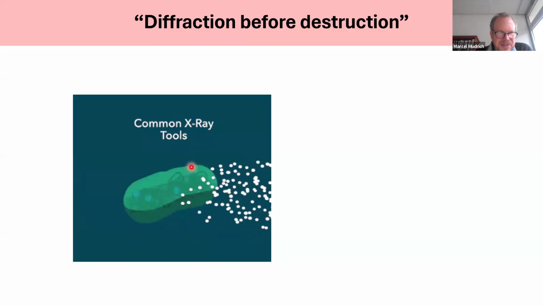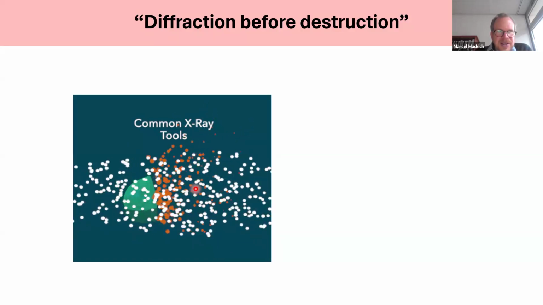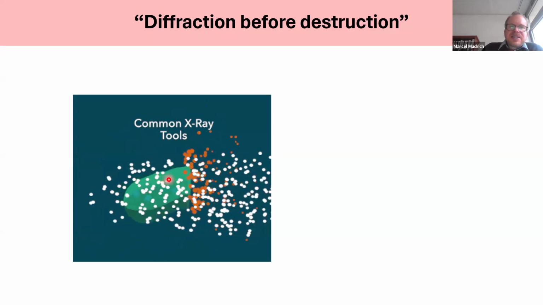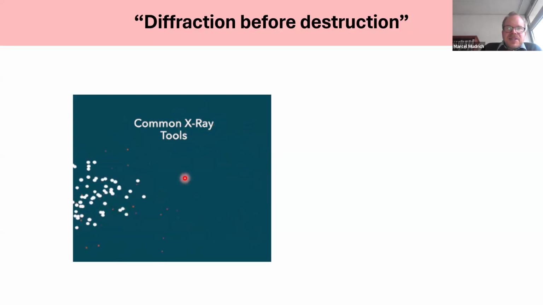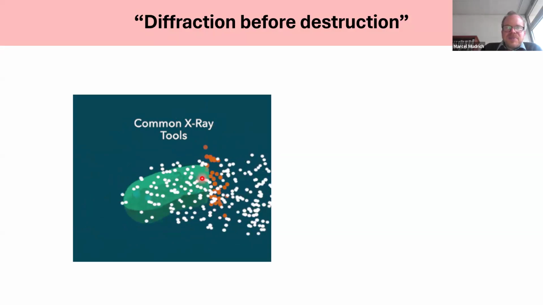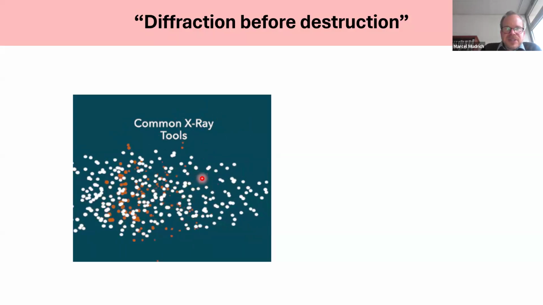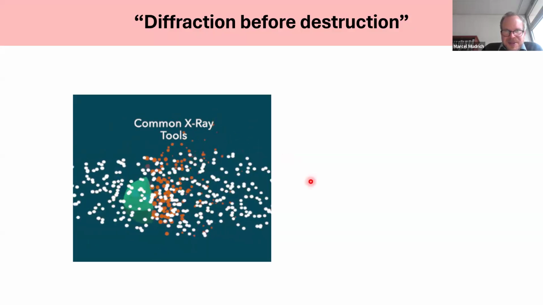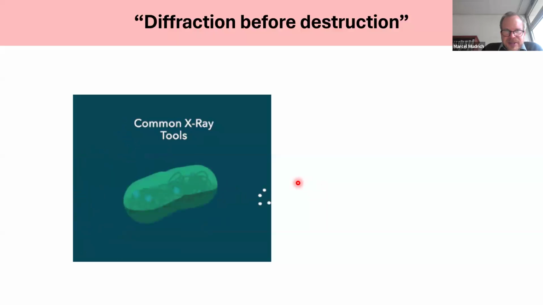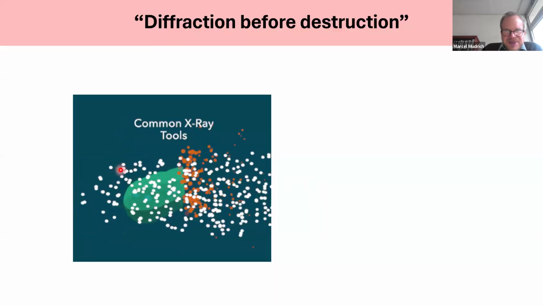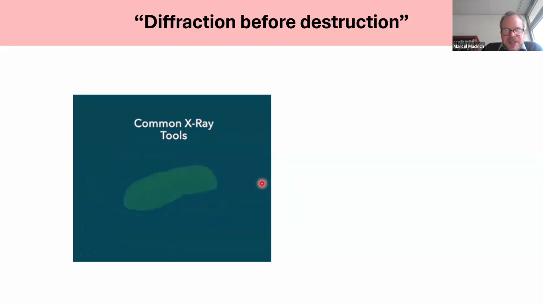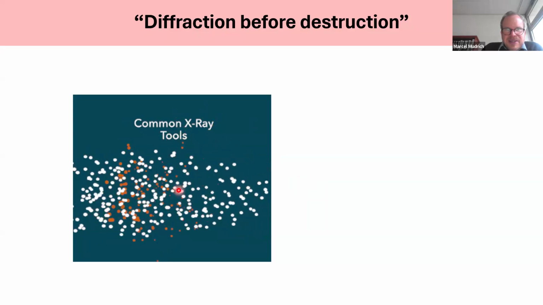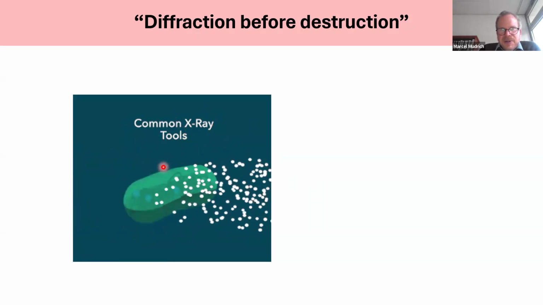Since it is highly ionizing radiation and it's so intense, the target will be ionized and decompose. And if the pulse is quite long, like the white dots, which represent photons in this pulse of X-ray photons, then you will see that already during the X-ray pulse the target starts to decompose.